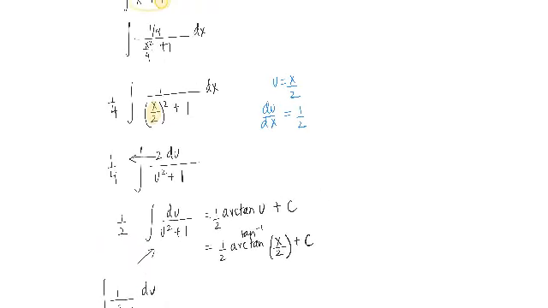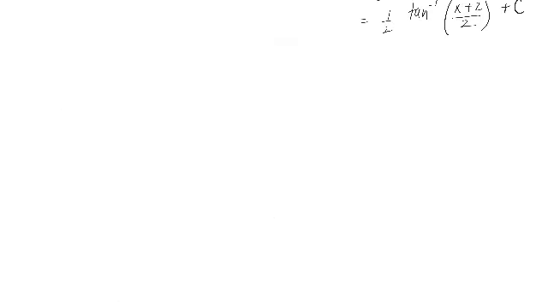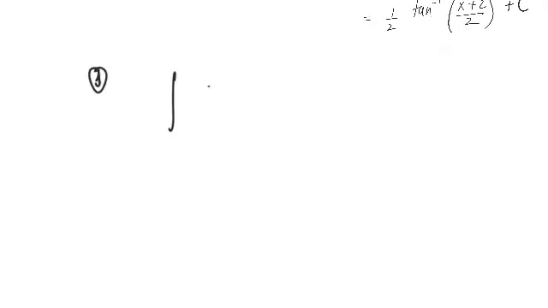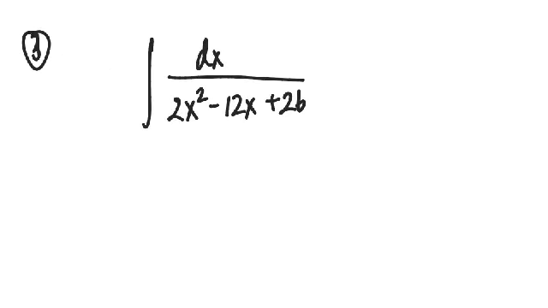You want to try to transform it into an arctan integral. I'm going to do one more example here, and this is going to be an example of completing the square when the leading coefficient is not 1, right? So for example, here is an integral, and we're seeing that the pattern is it's really just 1 over a quadratic.